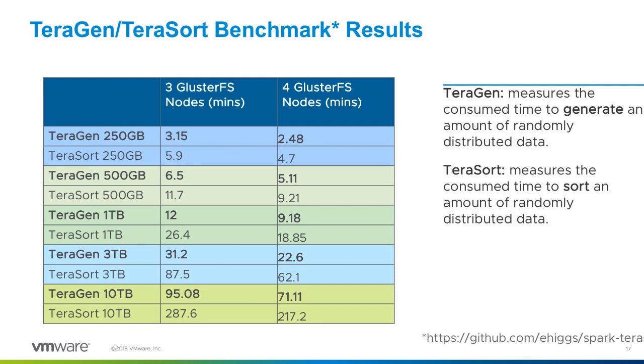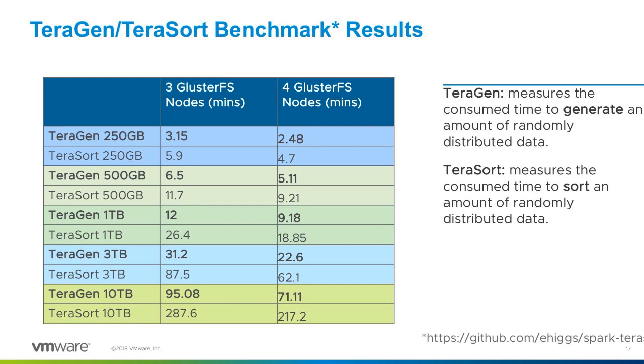And then TeraSort sorts this generated data. For every test we generate a different size of data, and then we sort it. This is a very well-known benchmark for Hadoop clusters and big data analytics environments. For different sizes, these are the amounts of time consumed to generate the data and to sort the data, in minutes.